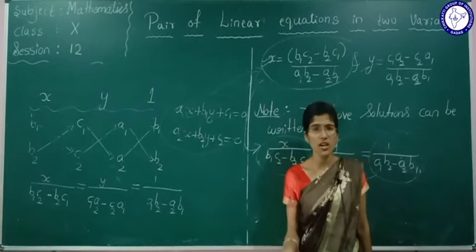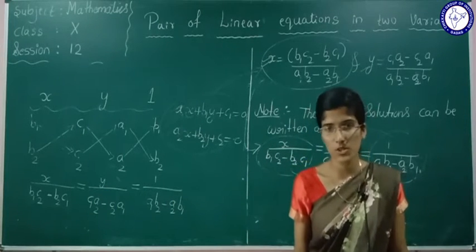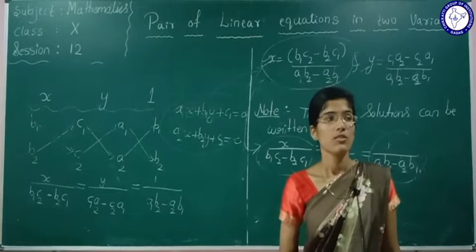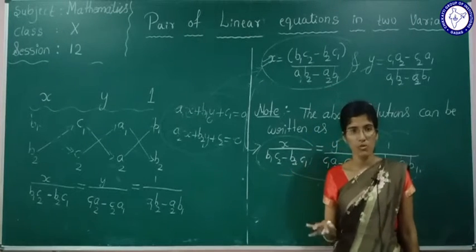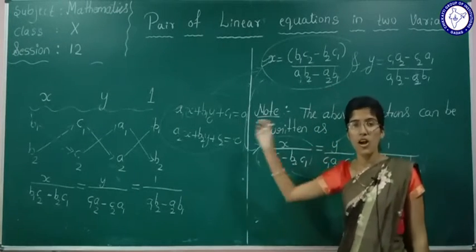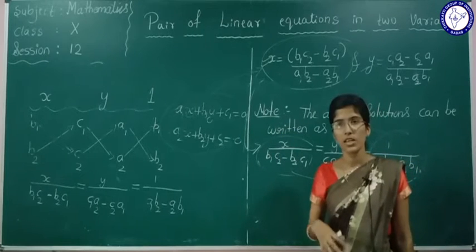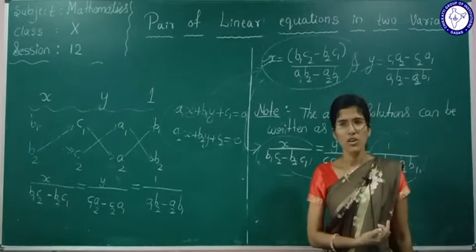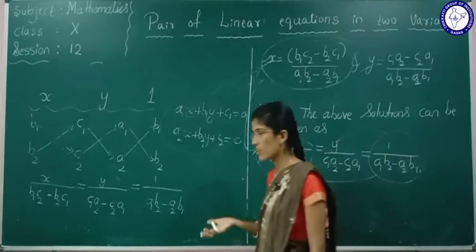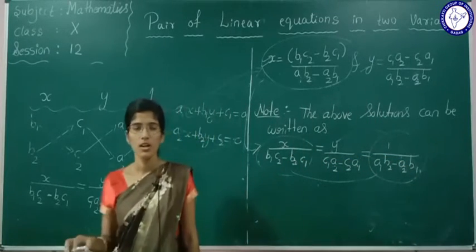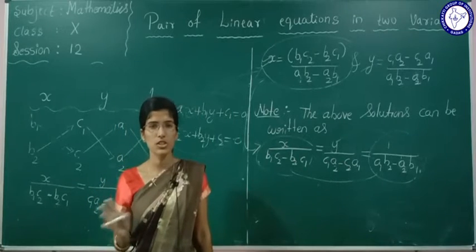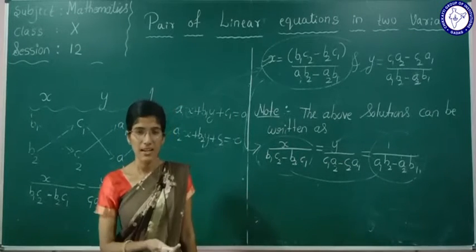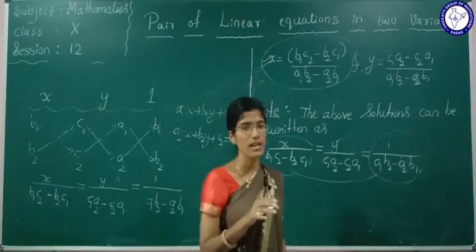Now see here, we saw the substitution method and elimination, and we solved problems also. What I want to tell is that the cross multiplication method is very useful in solving because we get the answer very easily. There are no substitutions at all, and in elimination we used to do elimination, right?